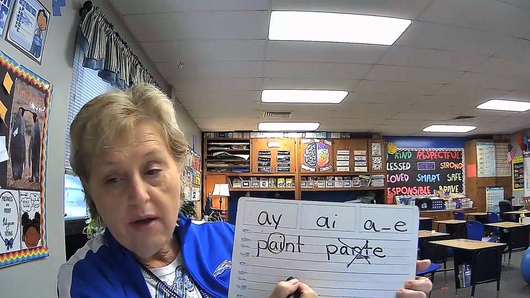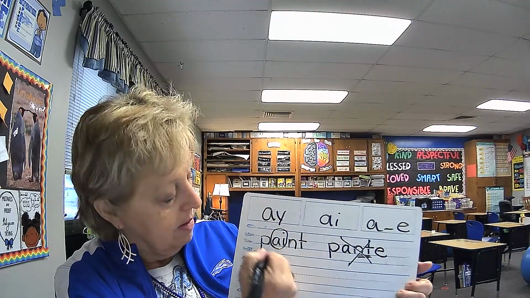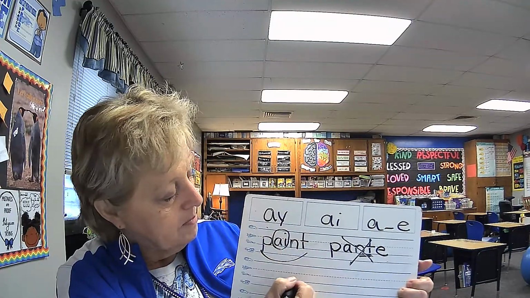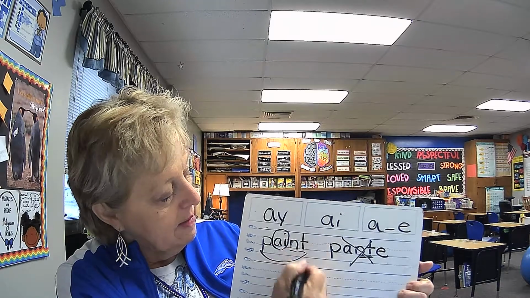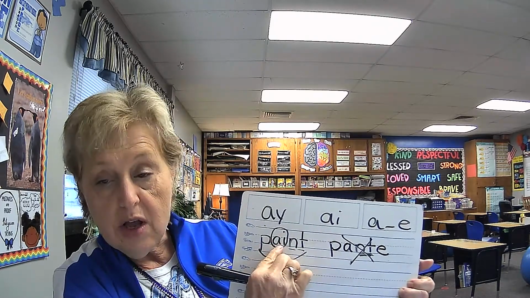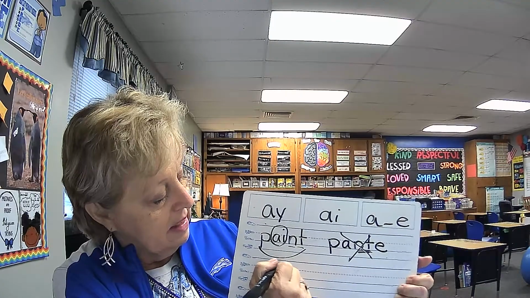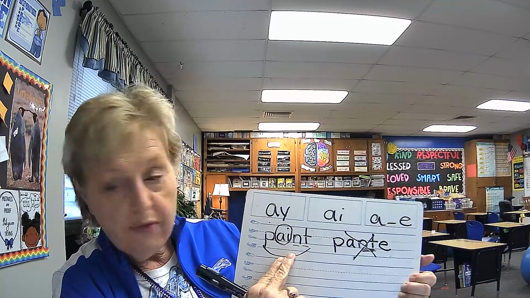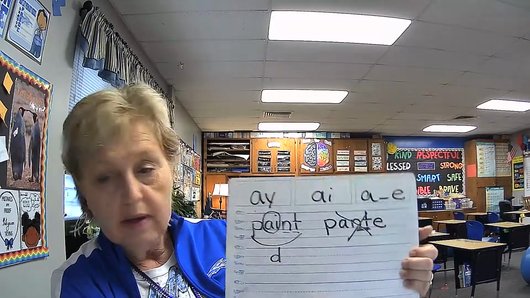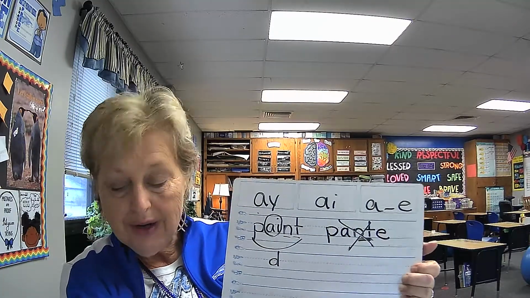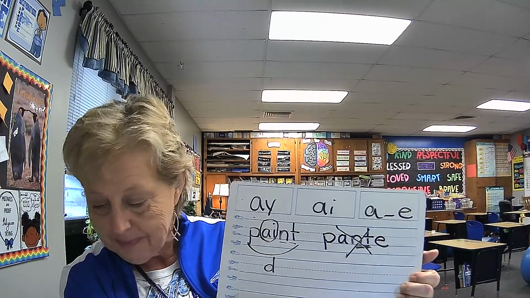Circle the double vowel. Scoop it. We have a blend. That's what helps us to know that it's the AI, and it is double vowel. Show your teacher your work. Okay, erase or new slide.